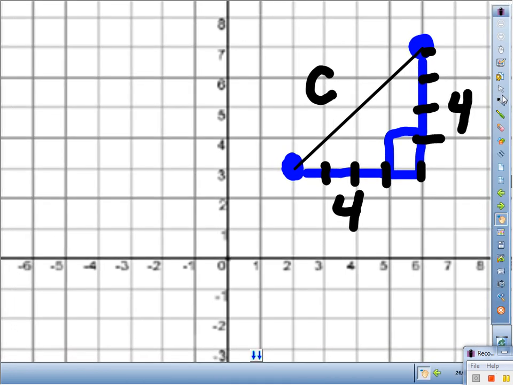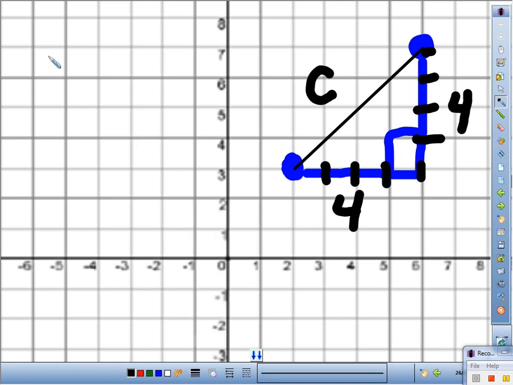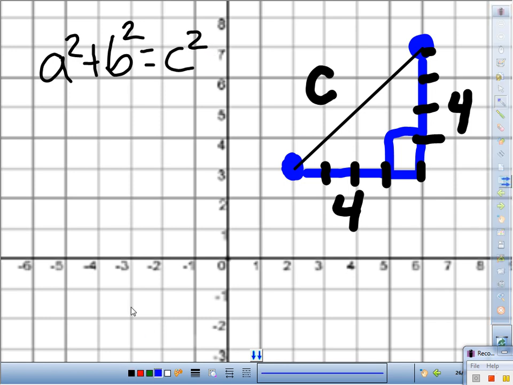Mel, tell me what to do. Write out the Pythagorean theorem. A squared plus B squared equals C squared. Continue, Havian. 4 squared plus 4 squared equals C squared. Continue, Brody.